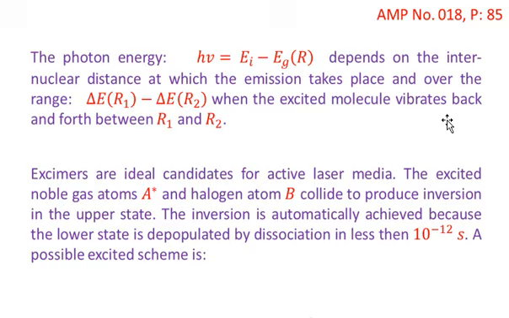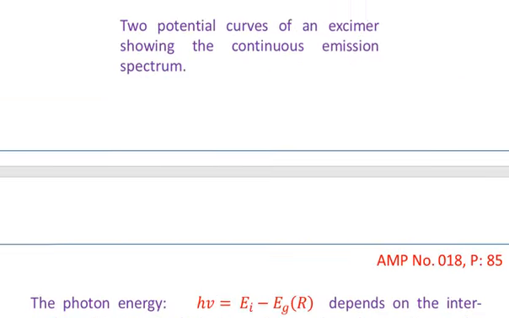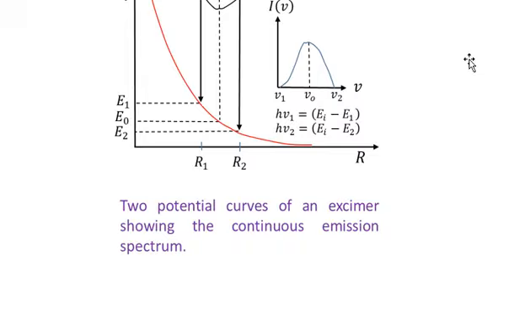So you see that here I am not considering the vibration of the molecule, because I am assuming that the molecule is a rigid molecule and the separation between the two nuclei is fixed. But you know that when the nuclei are fixed, I have a continuous band of energy in the range of h nu 1 to h nu 2. This is a continuous range of energies.